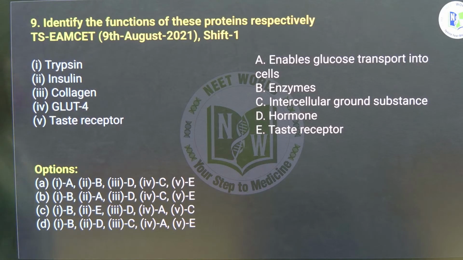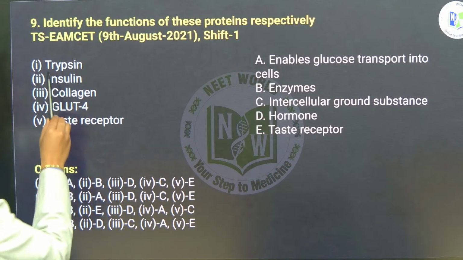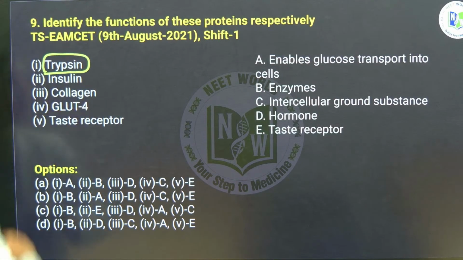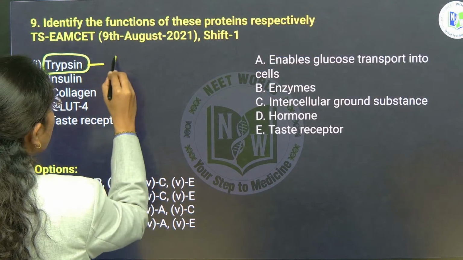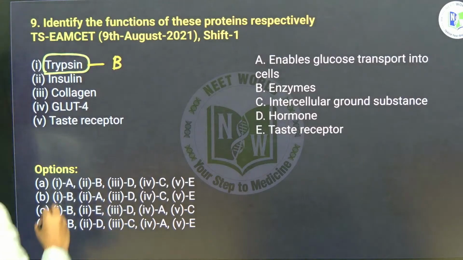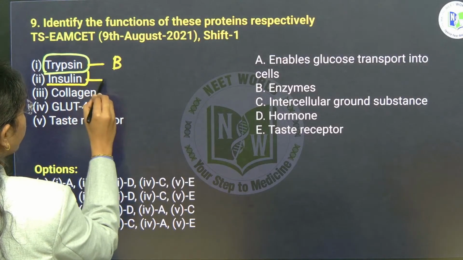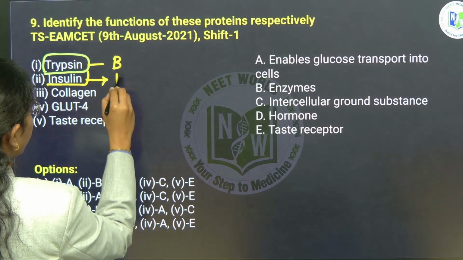Identify the functions of these proteins respectively. Okay. So, first you see trypsin. Trypsin is an enzyme, right? Trypsin is an enzyme. Insulin will be a hormone, which is option D.